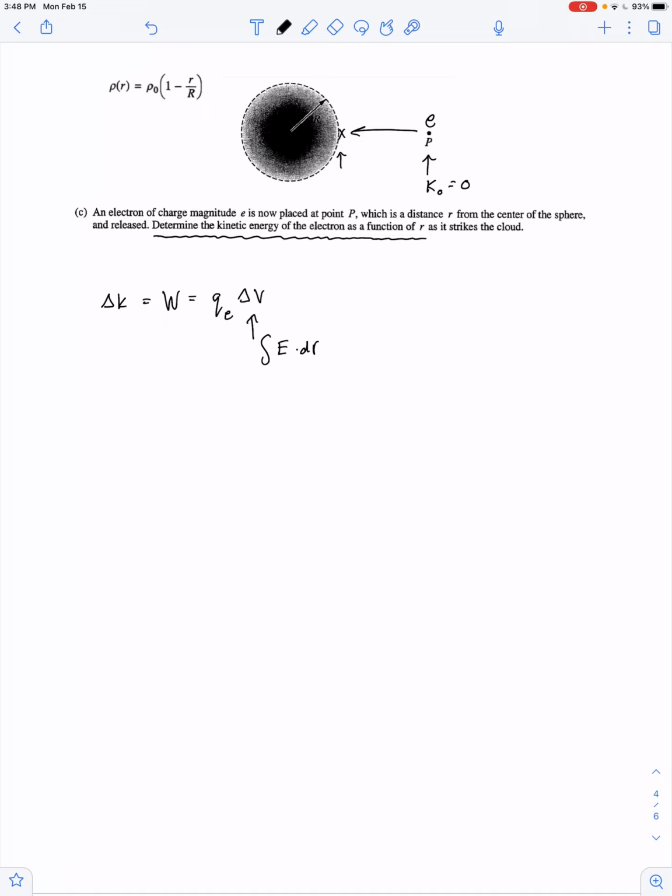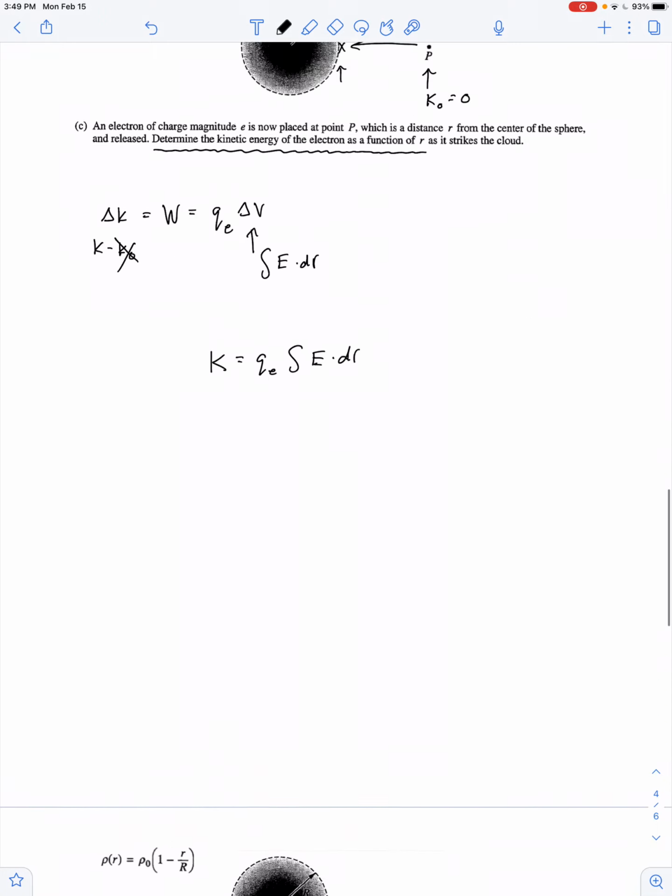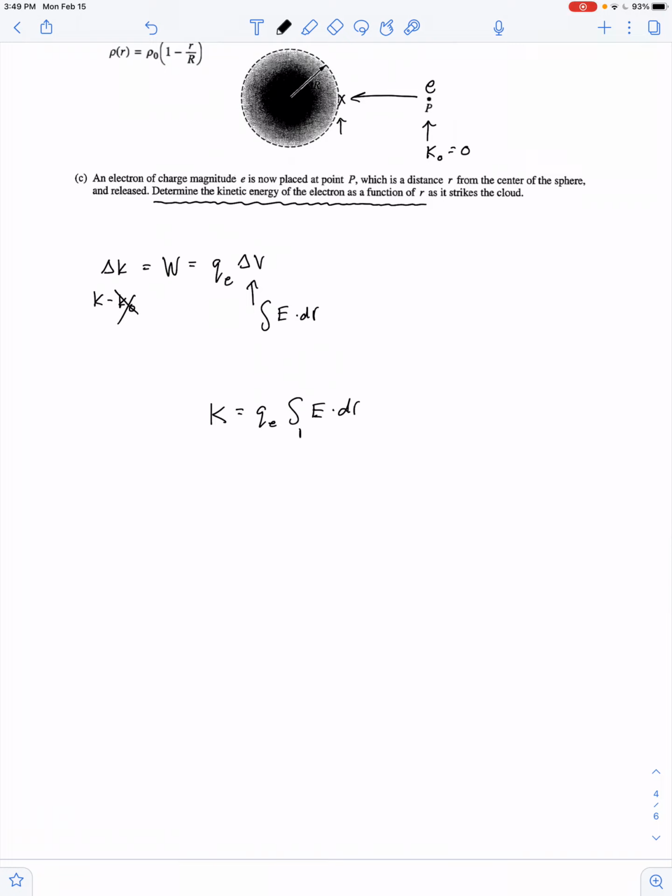So kinetic energy is final minus initial, but the initial was 0. So there we have it. We can say the kinetic energy is equal to the charge of the electron times the integral of E dot dr as we go from lowercase r to capital R.